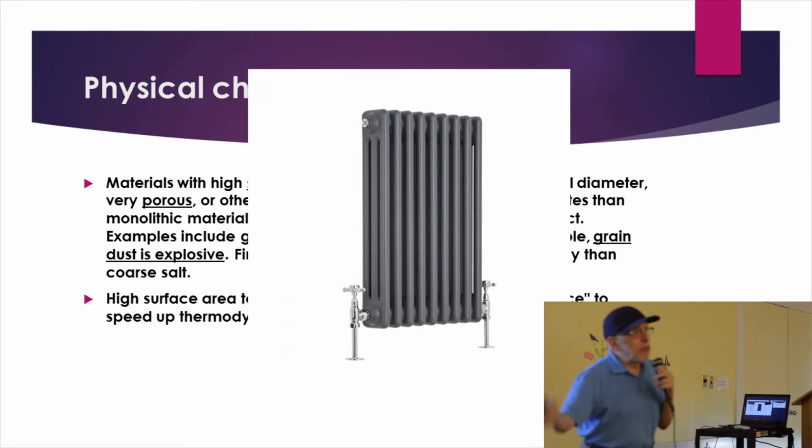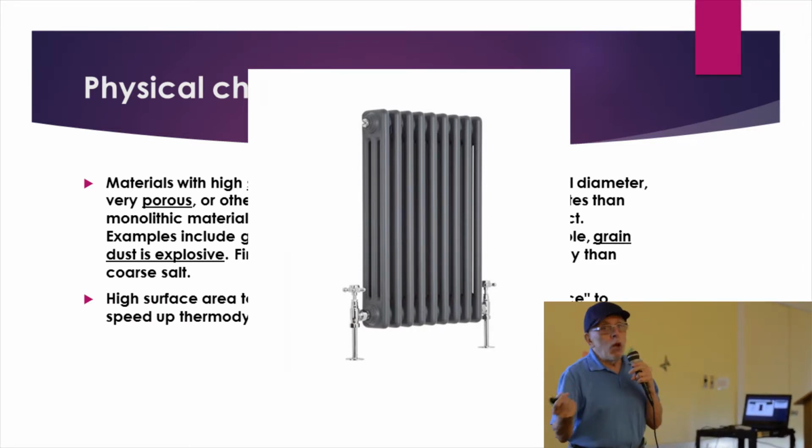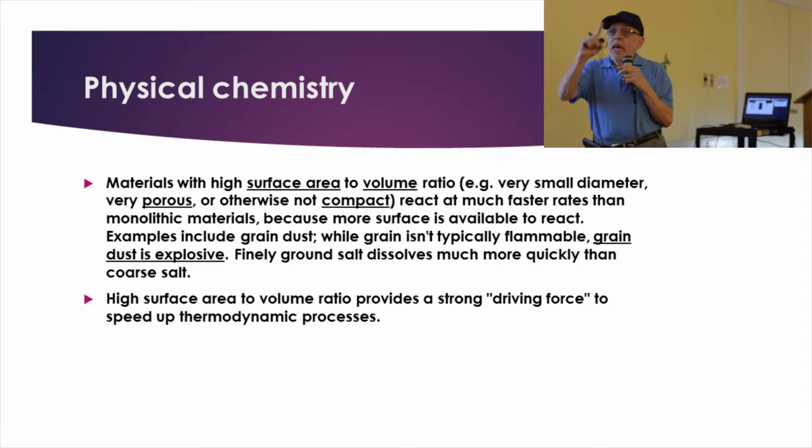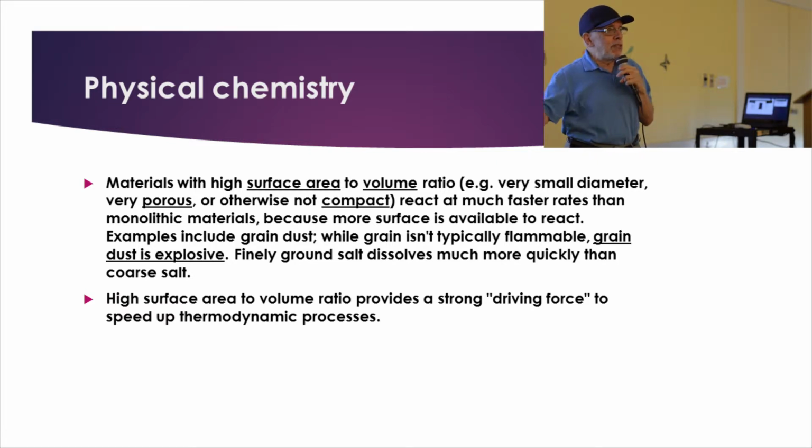You want a lot of surface area for a low volume so that the heat can get out more readily. So what did they do? They corrugated the surface to give it more surface area for the volume, so the heat can escape more readily. You don't want to trap the heat inside.